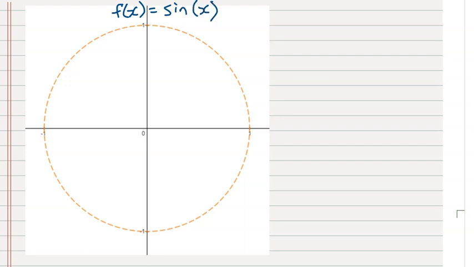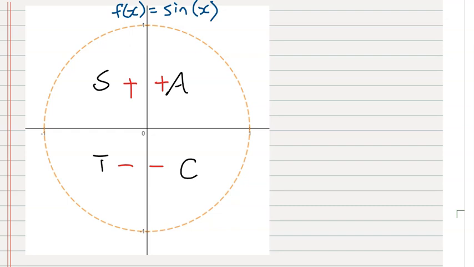And we're going to ask ourselves, where is sine positive here? So we've got the mnemonic all stations to central. And what this mnemonic tells us is that in quadrants 1 and 2, we're going to expect positive values for sine. And for quadrants 3 and 4, we're going to expect negative. So that shouldn't be an O, that should be a C, sorry. So we're going to expect negatives for quadrants 3 and 4.